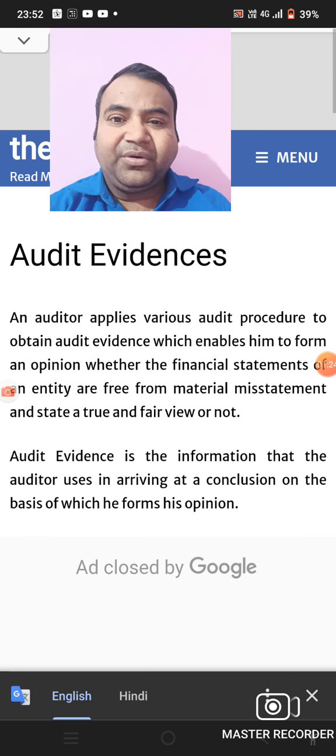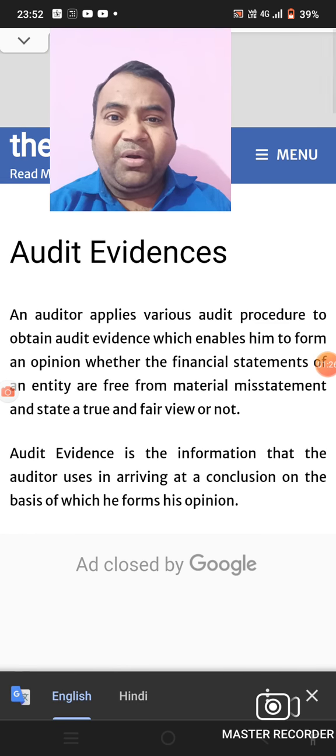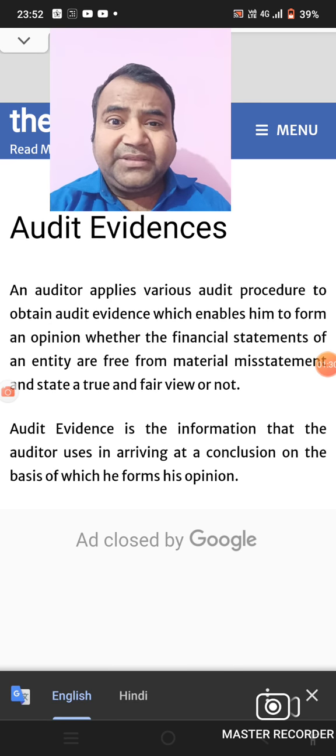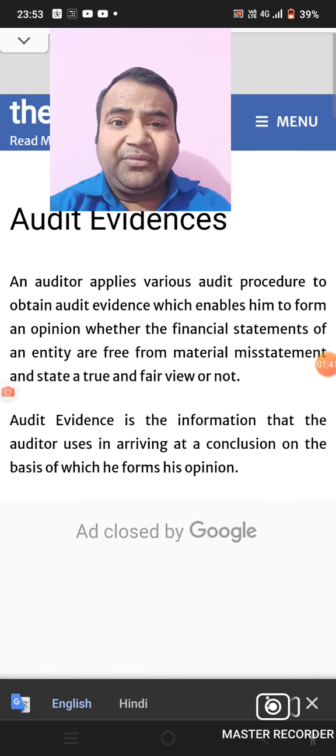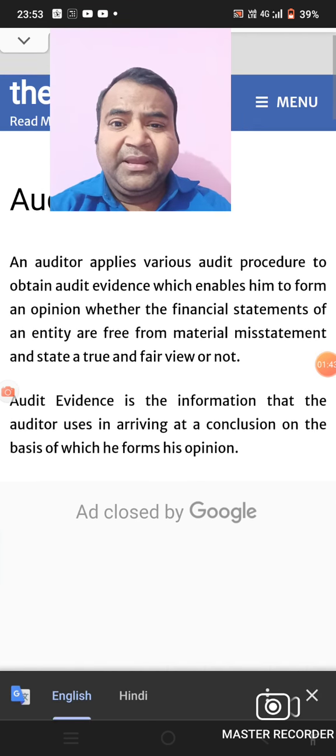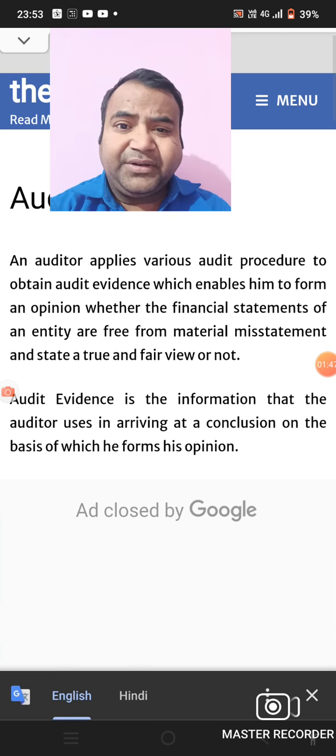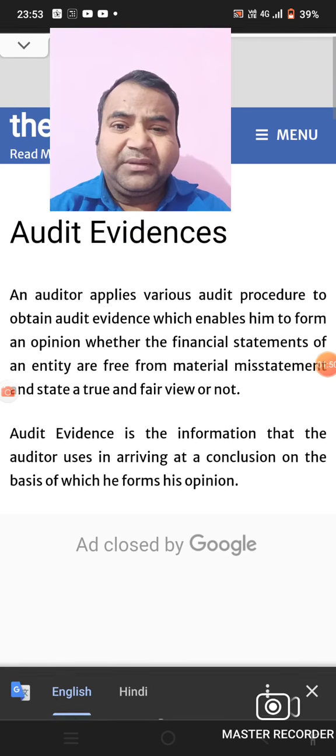So let's go ahead with this topic today: audit evidences. An auditor applies various audit procedures to obtain audit evidences, which enables him to form an opinion whether the financial statements of an entity are free from material misstatement and state a true and fair view or not.